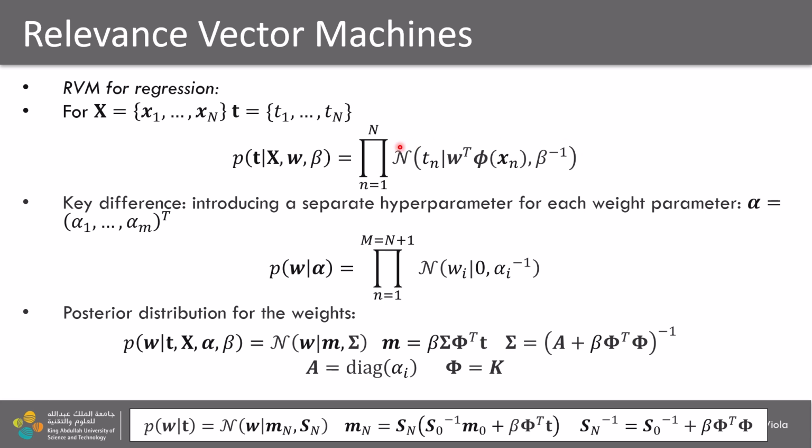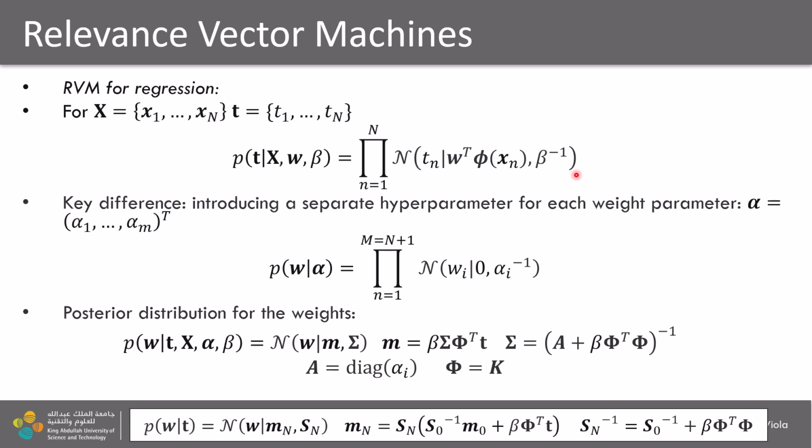We use them for expressing the probability of a given t for a particular training input, and we perform the linear combination of the features in order to find the mean, and then we have the variance expressed by the beta inverse, or the precision expressed as the beta.